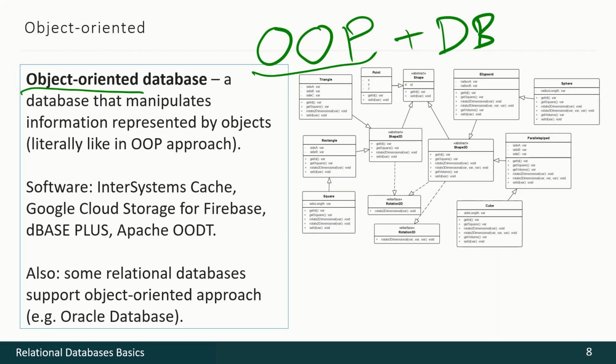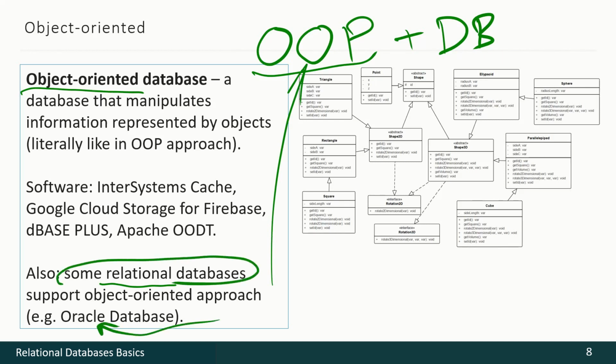Some experts say that such a combination of OOP in a database may violate the classical relational approach, and that's really true. But nevertheless, there are some relational databases, like for instance Oracle, that support both relational and object-oriented approaches.